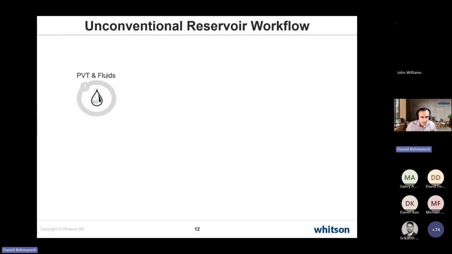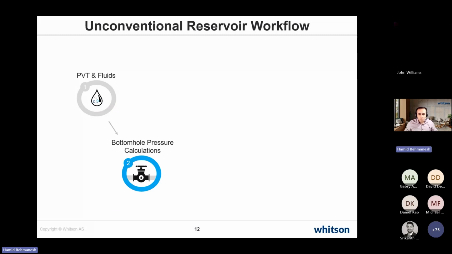So that's the first step to get right, PVT and fluid characterization. And it's a very easy step. Depending on how much information you have, you can import that information into the software and make it more characterized to your reservoir fluid. But there is also a very easy way to characterize your fluid based on the producing GOR. I'm going to show you that.